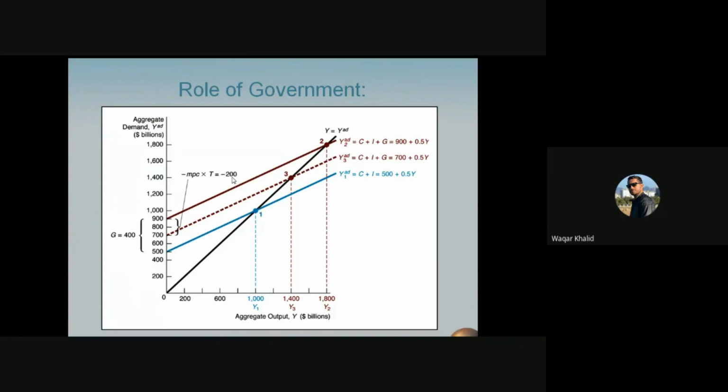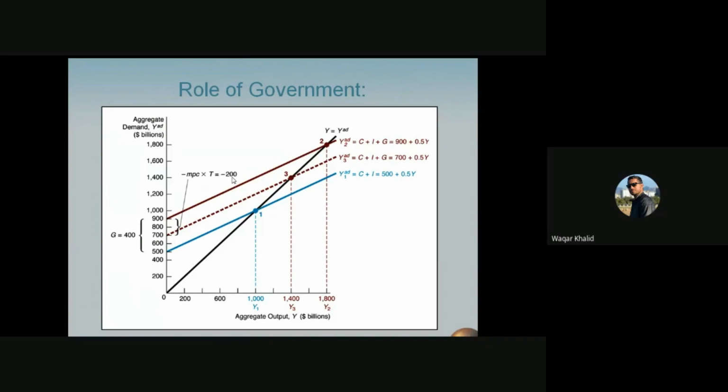If both taxes and government expenditures are raised equally, for example by 400 billion, aggregate output will rise.